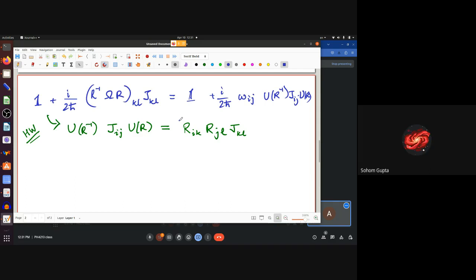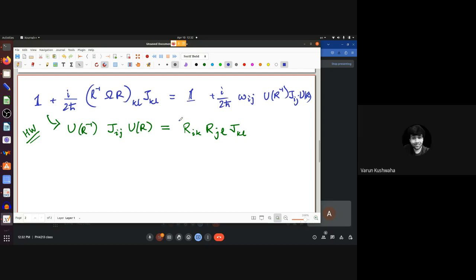Vectors? Vectors don't. Vectors transform with one factor of R. Come on. You have two factors of R. What kind of an object has two factors?